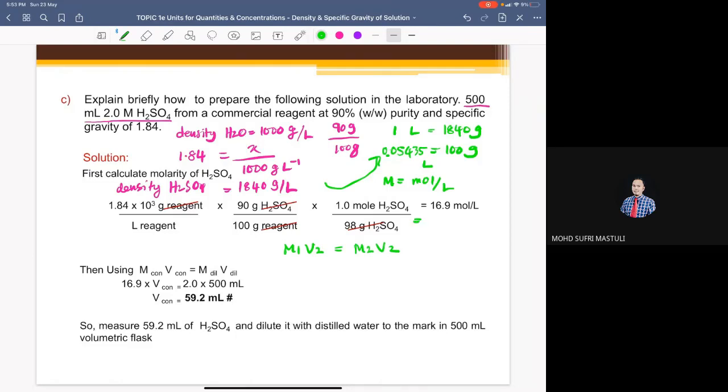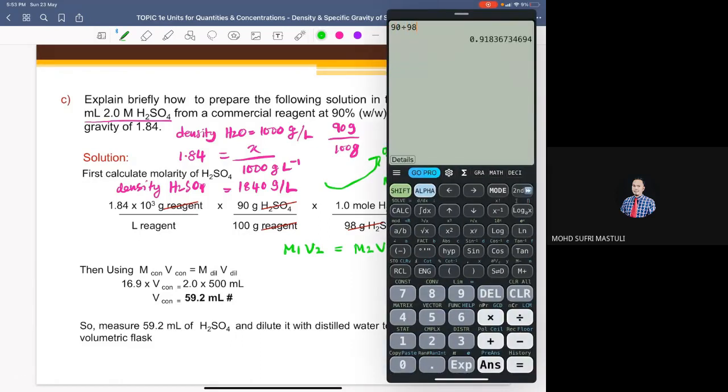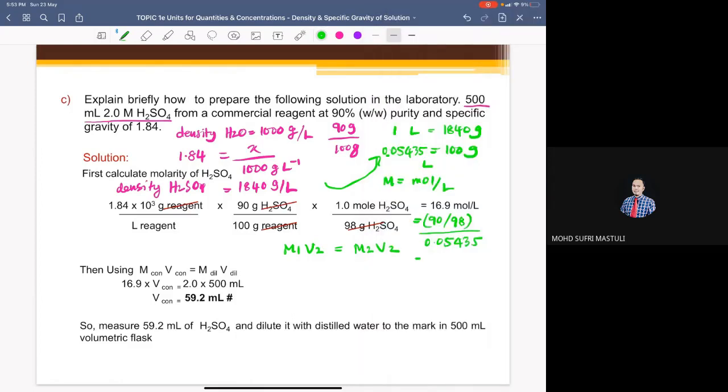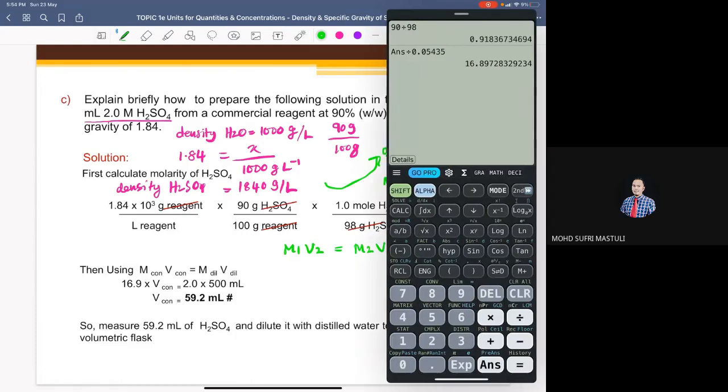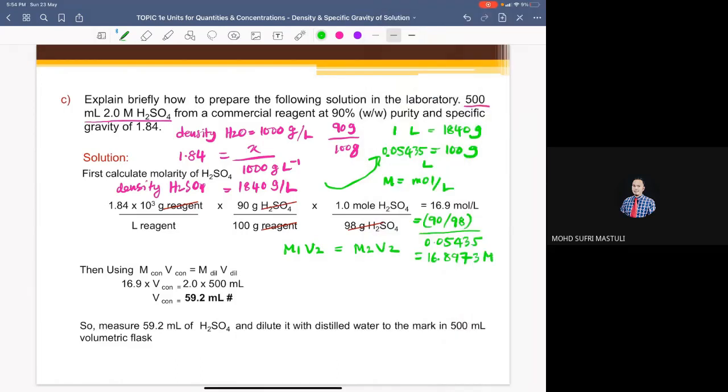So the mole is 90 mass over 98, over 0.05435 liter. So you obtain 16.898973 molar.